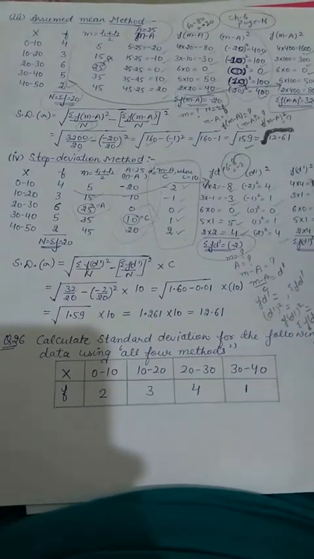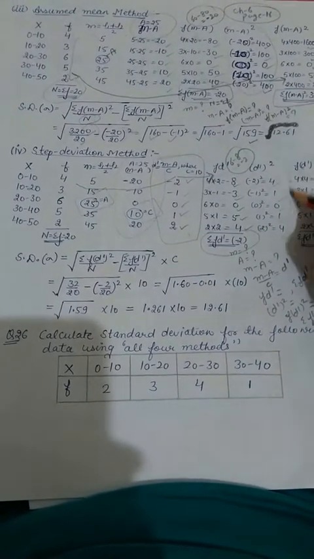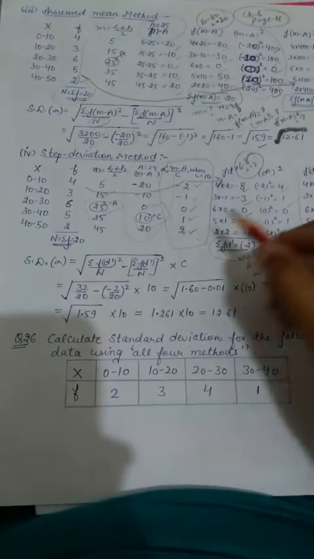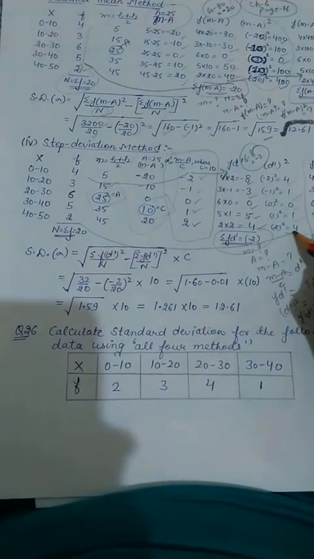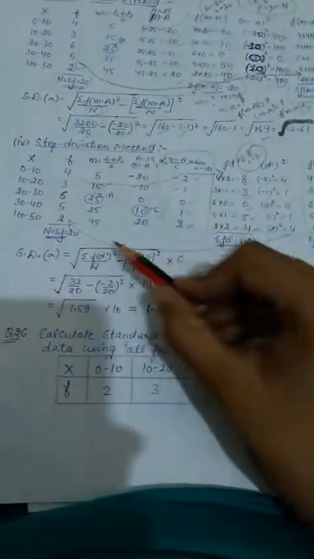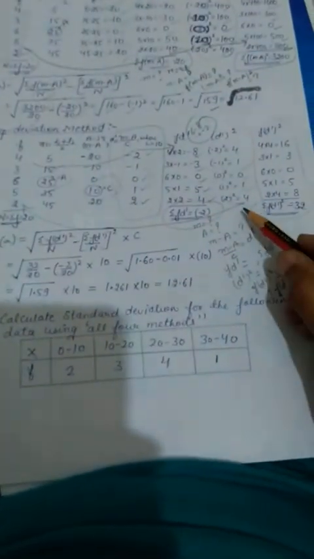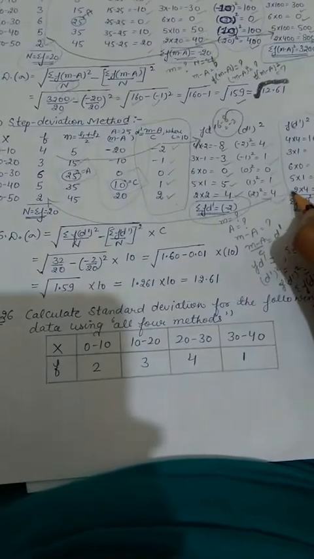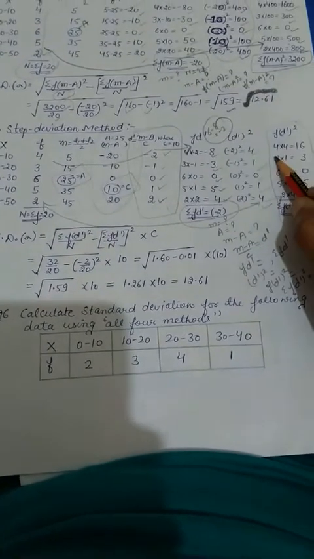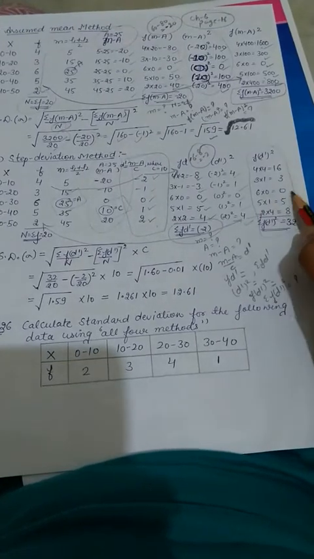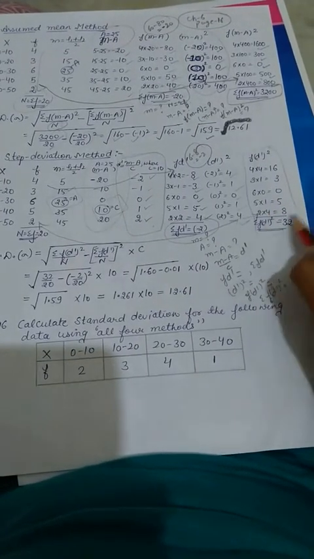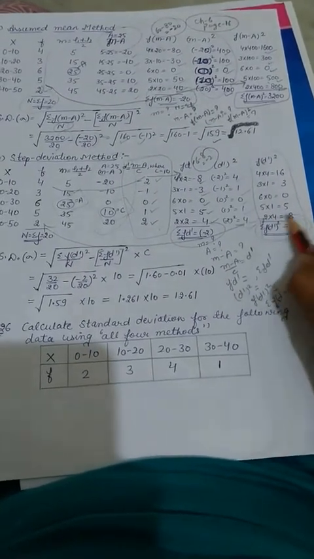And finally you will come to the last, that is f d dash square. How will your f d dash square come? You multiply f with this column and you will get these values: 4 fours are 16, 3 ones are 3, 6 zeros are 0, 5 ones are 5, 2 fours are 8, and in total you have got 32.